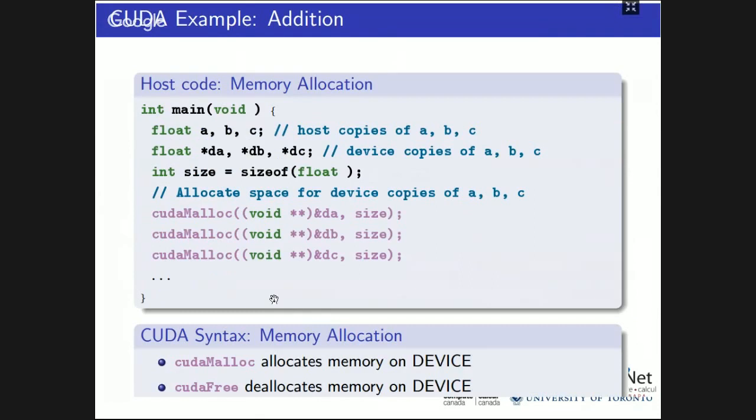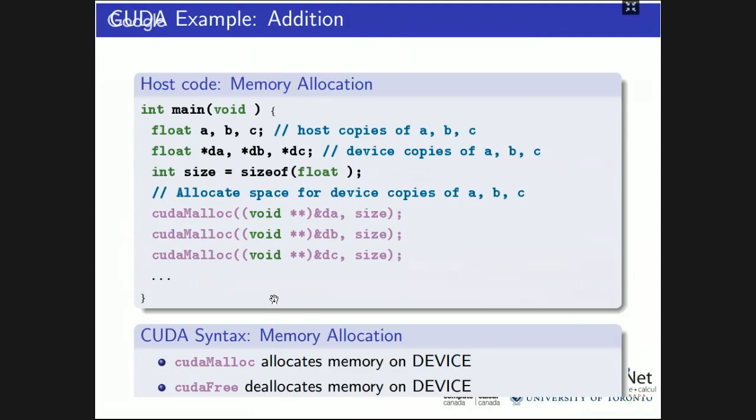So let's see how this code looks. The main function has 3 floats, and the pointers for copying into the device, dA, dB, dC. Then I need the size of the variables I want to pass, in this case, floats.